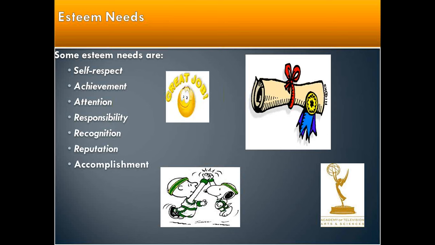The internal esteem needs are those related to their self-esteem, such as self-respect, achievement, responsibility, independence, and accomplishment. Things that help them see the value of themselves. External esteem needs are those such as social status and recognition, attention, and appreciation. This is how others show them that they are valued.